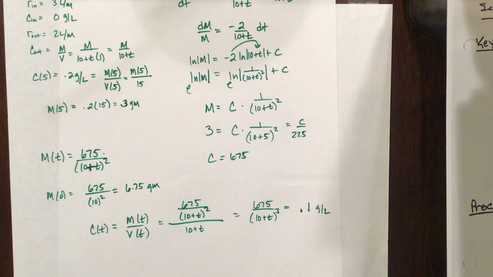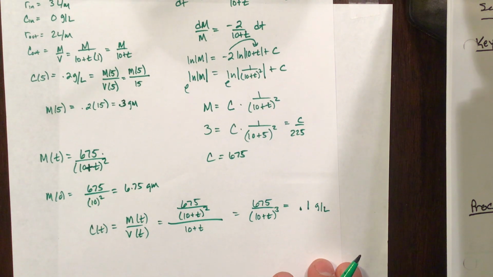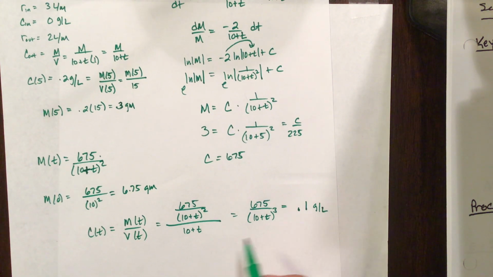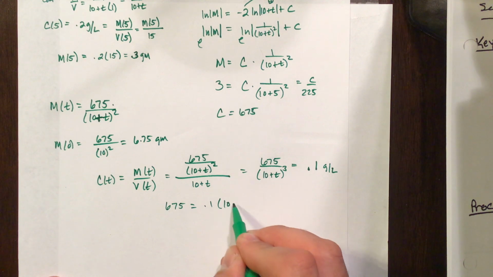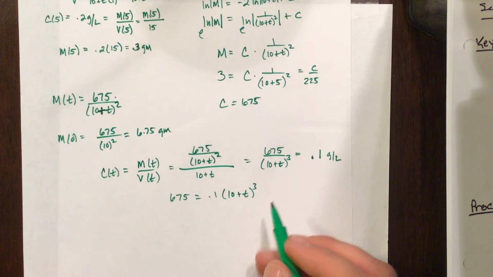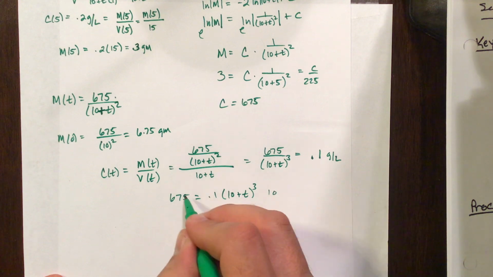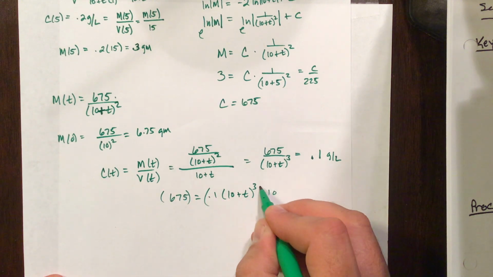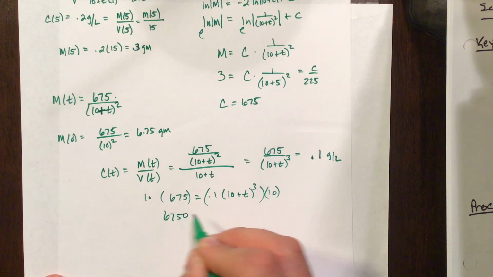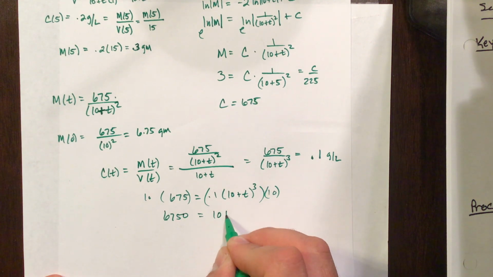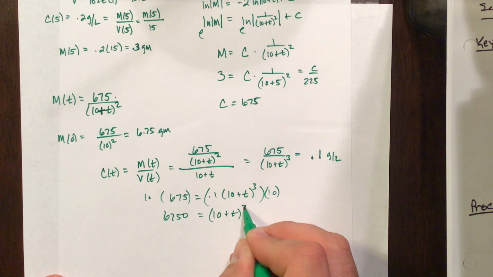Okay, so 0.1 grams per liter. Let's solve that. If I were to cross multiply, I'd get 675 equals 0.1 times 10 plus t cubed. And if I were to multiply both sides by 10, then I'd get 6750 is equal to 10 plus t all cubed.